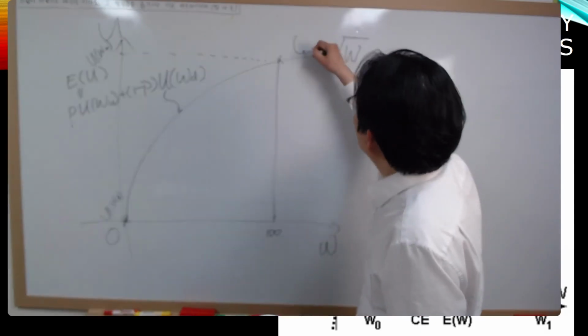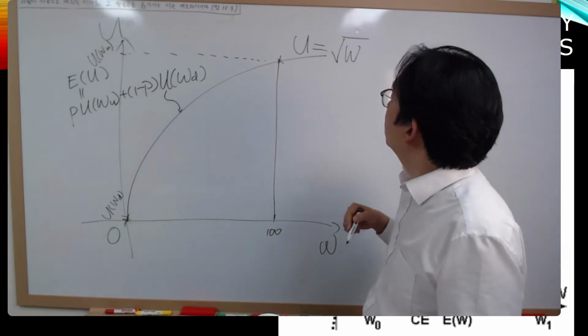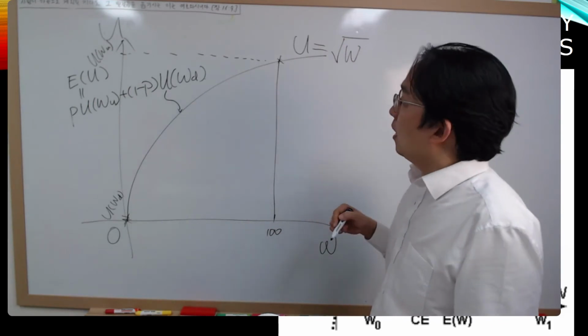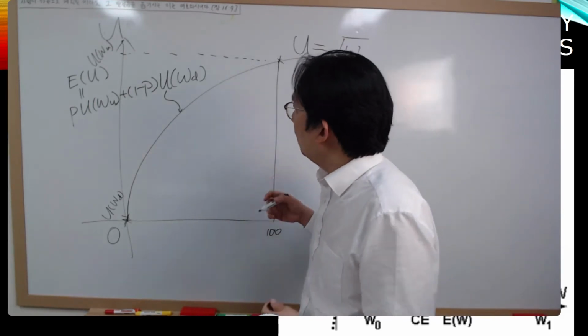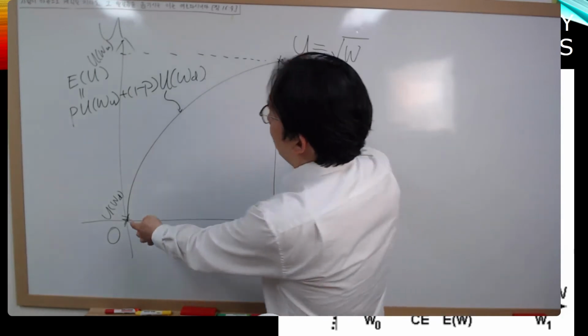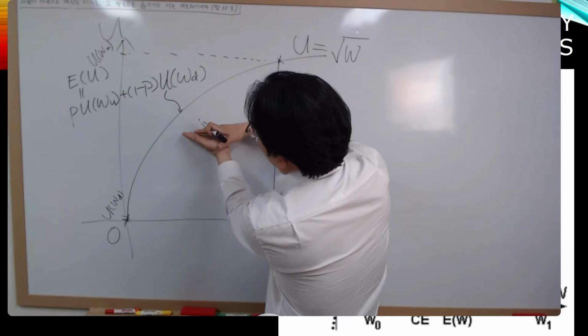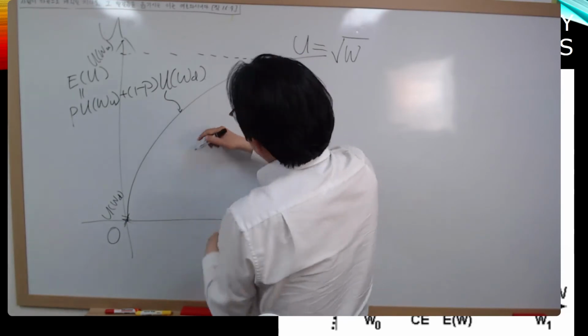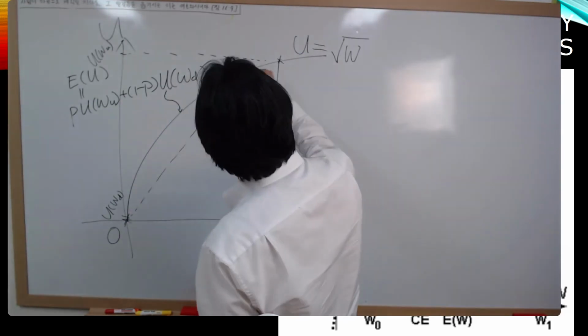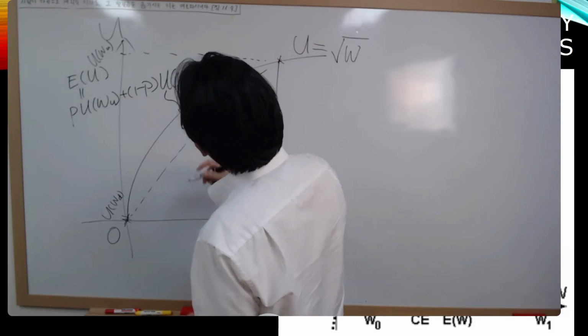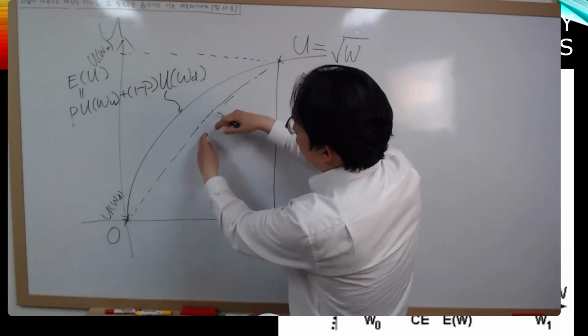The utility will be something like this. Now, if you do the probability weight half and half of these two, it will be half, just over here, right? It's a linear combination. It's going to be on a straight line like this.